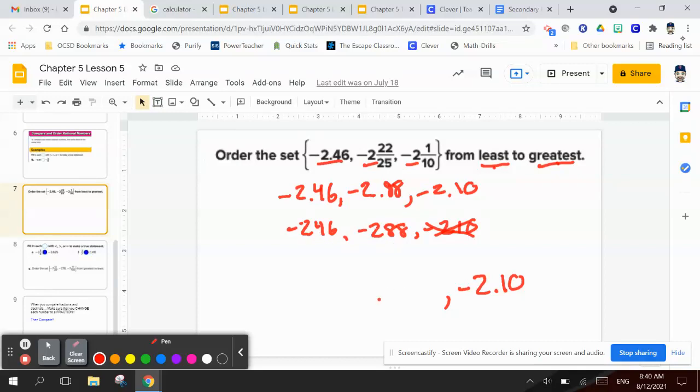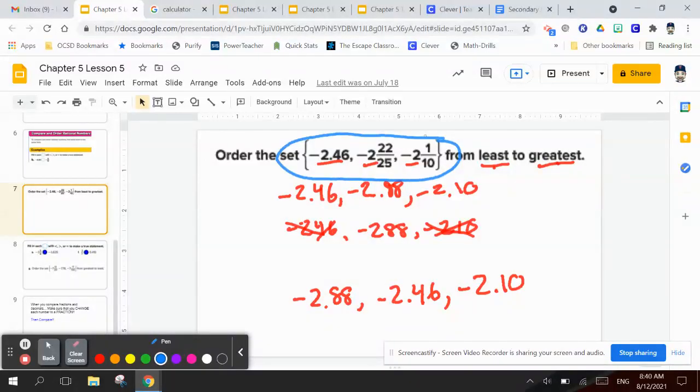That would be 46, so negative 2.46. Which means that negative 2.88 is the smallest.